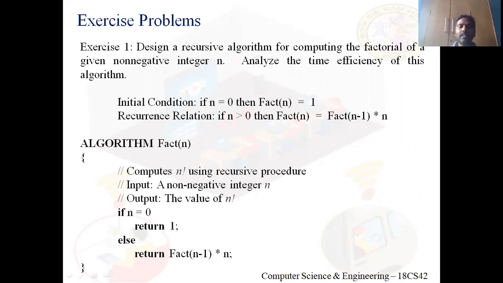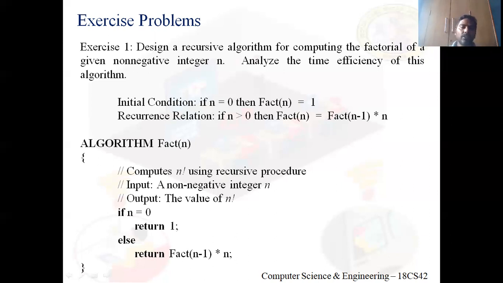So now if n is greater than 0, meaning n has a value other than the initial value, I can set up a recurrence relation for factorial: fact of n is nothing but fact of n minus 1 times n. Just now I said you are asked to compute fact of 5, but you know fact of 4; you multiply 5 to that and you get fact of 5.